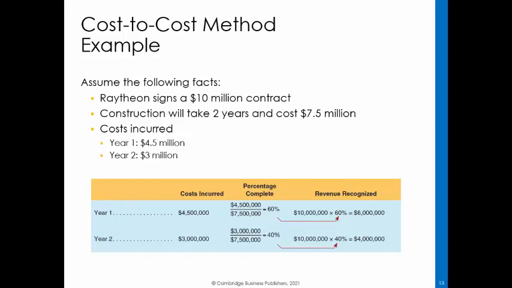In year 1, the cost incurred totaled $4.5 million, which indicates 60% of the contract is complete. Multiplying the revenue of $10 million by 60%, we determine $6 million of revenue should be recognized in year 1. In year 2, the contract is completed and the remaining revenue of $4 million should be recognized.